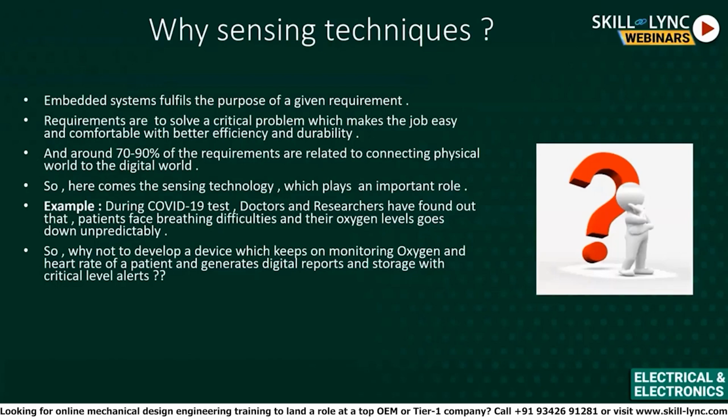And we will have one supervisor who will monitor which patient's oxygen level, temperature, and heart rate is proper, and whose is going down and up. So we can create critical alerts as well, where we set a threshold.